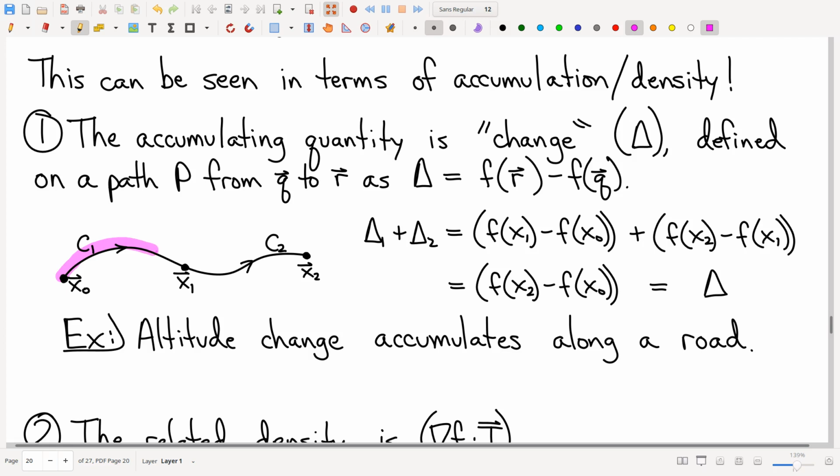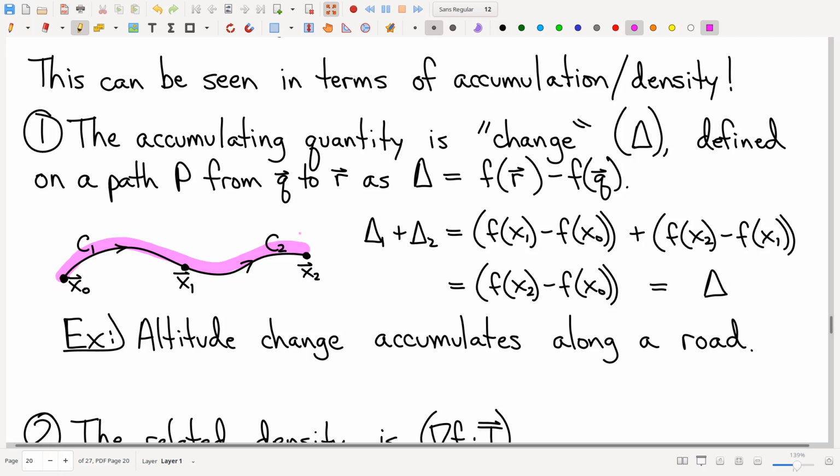Specifically, it accumulates over curves. Now, this is a new statement. In the context of the fundamental theorem of calculus, we were looking at intervals on the x-axis, a one-dimensional context. This is different. These are now curves in space, or in the plane at least.